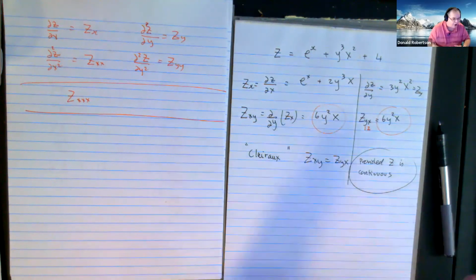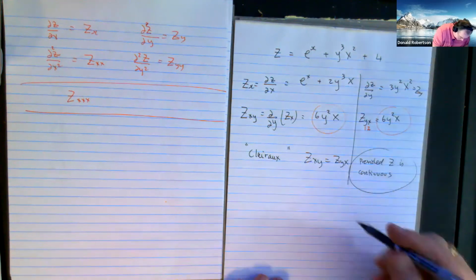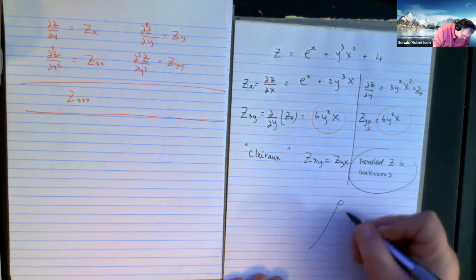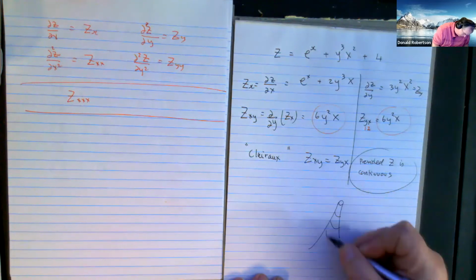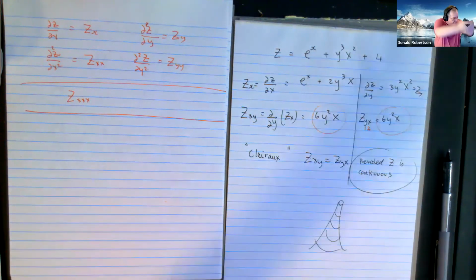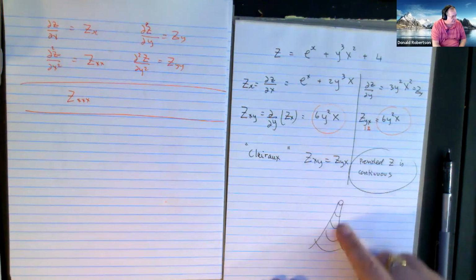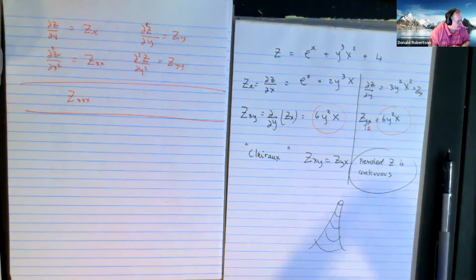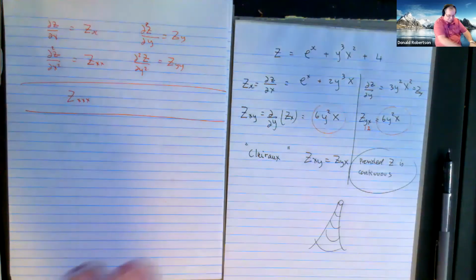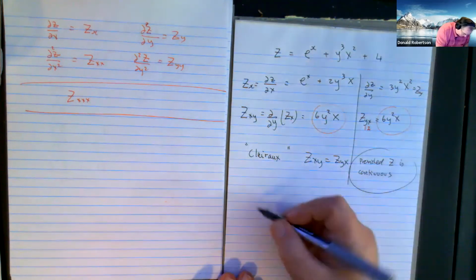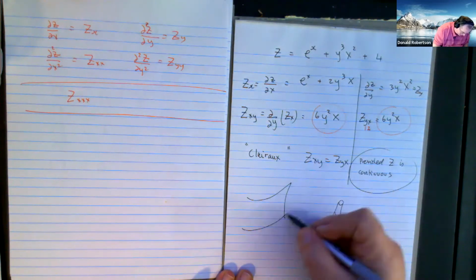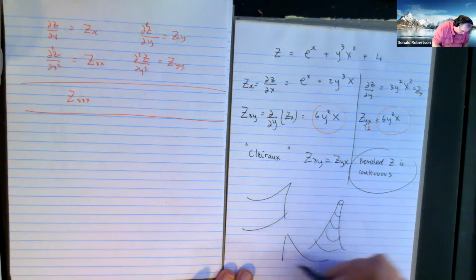So what do things that are not continuous look like? Can you imagine this as a surface? Can you imagine there's a vertical asymptote? Would you agree it's not very continuous at the vertical asymptote? That would be an example. Can you imagine a function which had a curved shape going like this, and then a space and another curved shape like that?